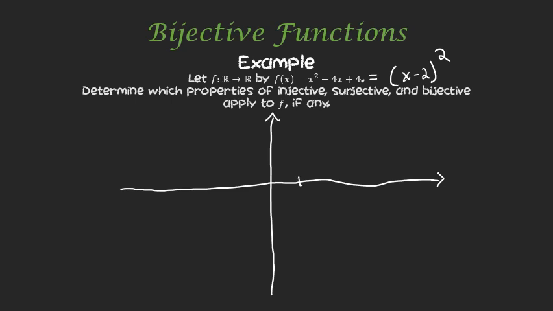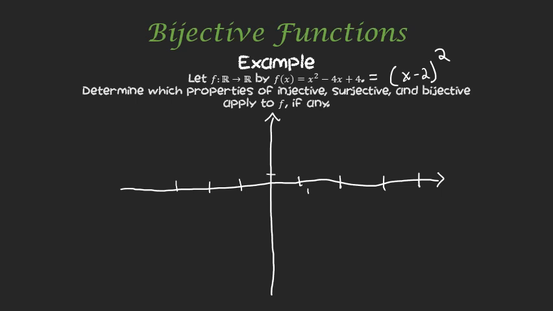So maybe let me go 1, 2, 3, 4, -1, -2, -3. What should I do for this one? Let me think.